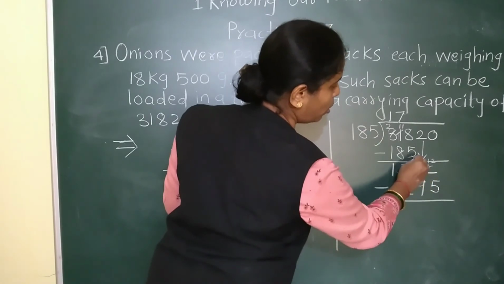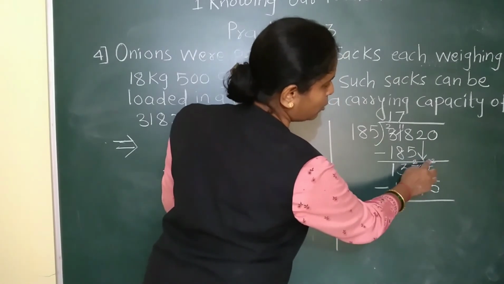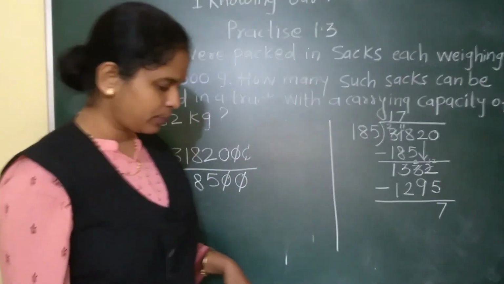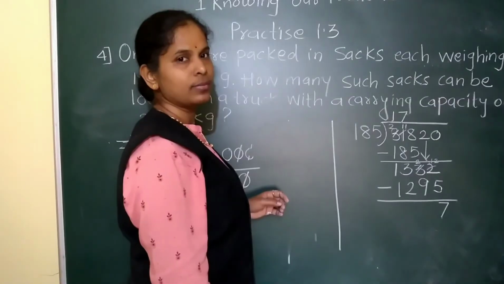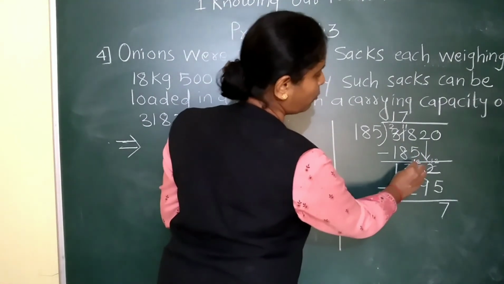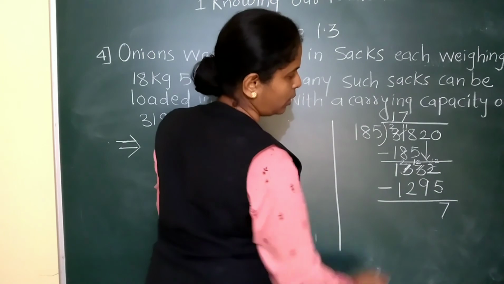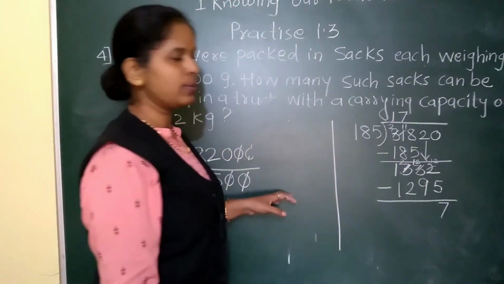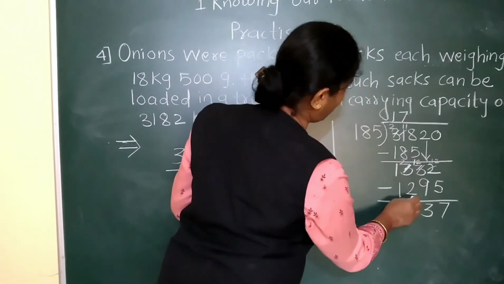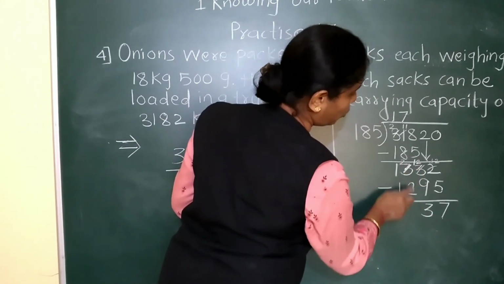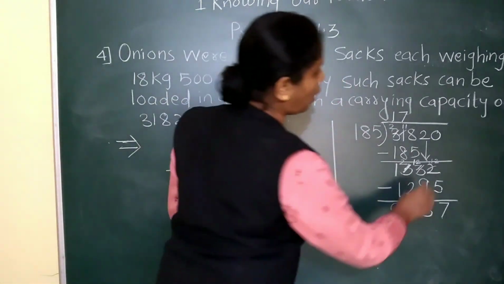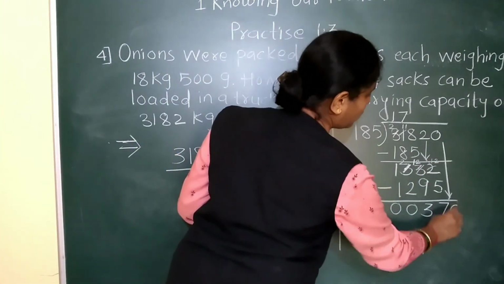Here we have to borrow 1 from 3. 12 minus 5 is 7. And now we have to borrow 1 from 3. Here 12 will become, here 2 will remain. So 12 minus 9 is 3. And 8 minus 2 is 0. Here also 0. Now the remaining 0 you will have to take down.